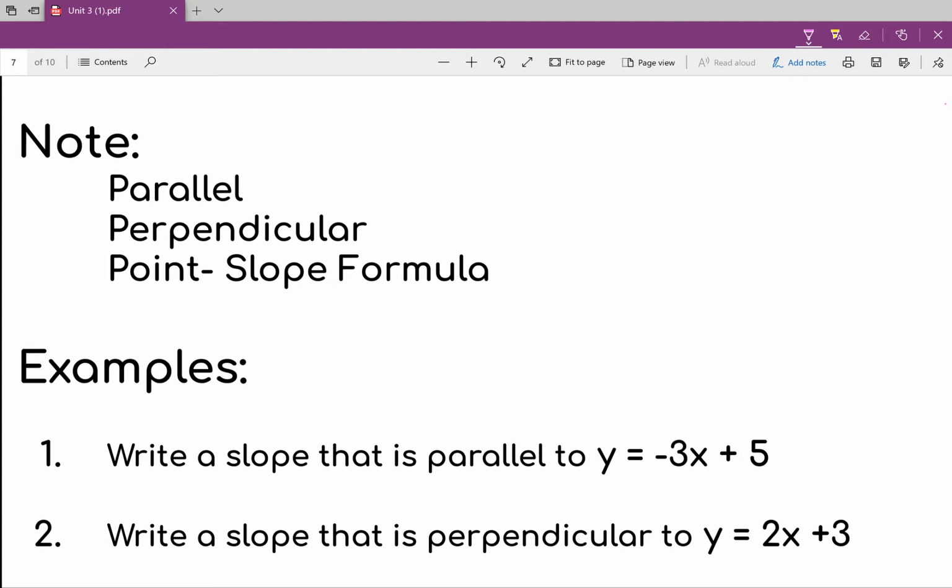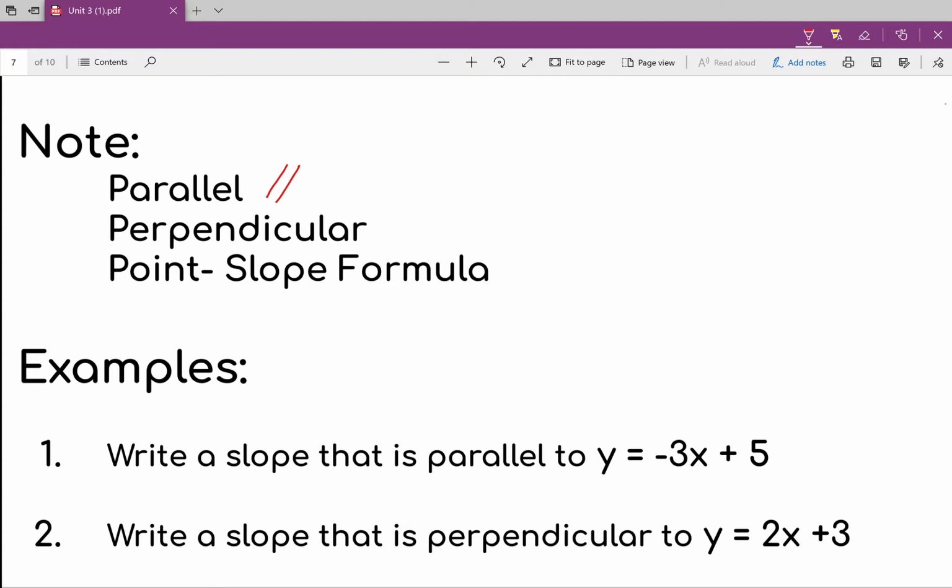So it says parallel. For parallel and perpendicular, we have symbols that we use in math. For parallel, our symbol looks like this: two slanted lines that are parallel to each other.